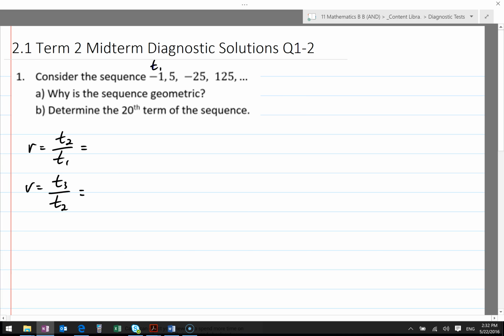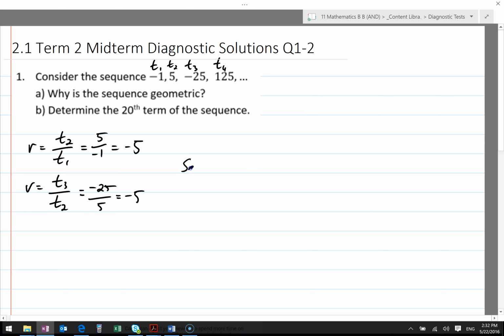Remember, this is T1, T2, T3, T4, etc. So divide the first two terms. 5 divided by -1 gives me -5. And divide the third and the second term. -25 on 5 equals -5. So why is the sequence geometric?